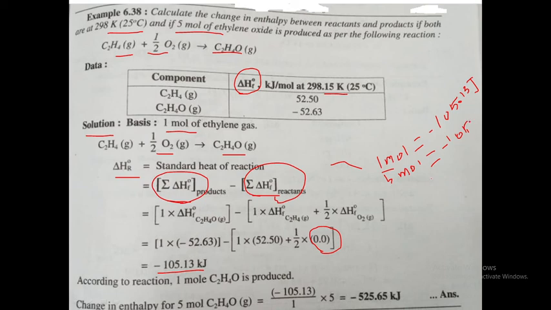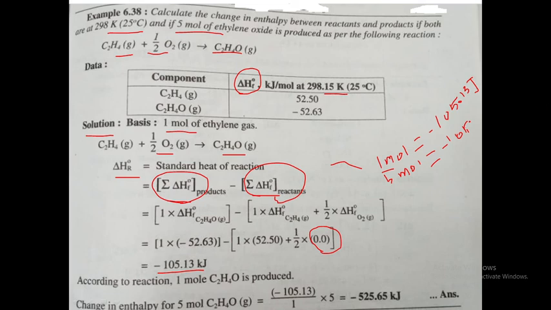Are you clear or not? Okay. So this is the way we calculate the change in enthalpy value or standard heat of reaction value. Finally we get minus 525.65 kilojoule. Are you clear or not?